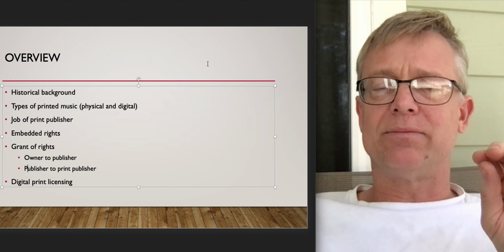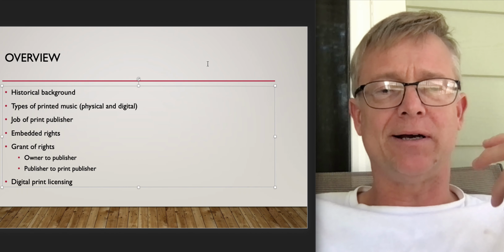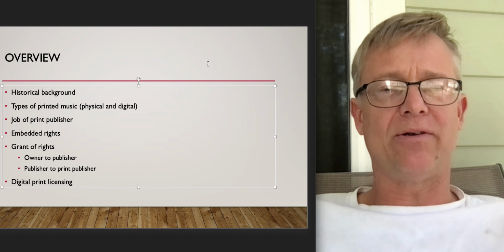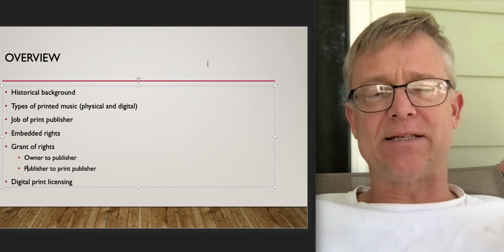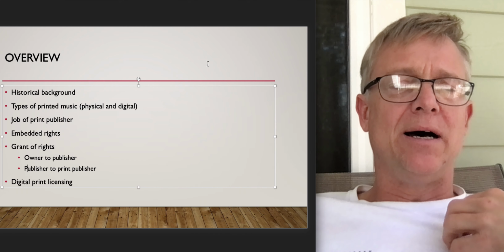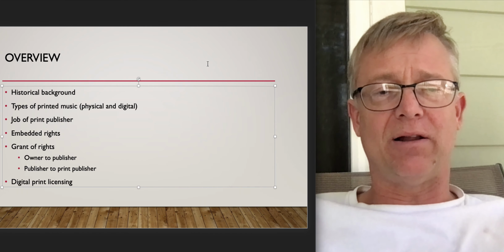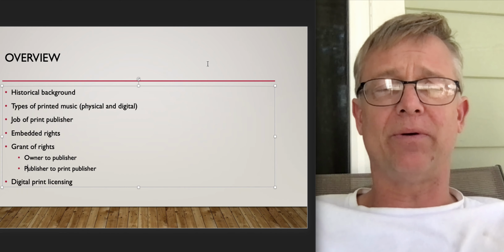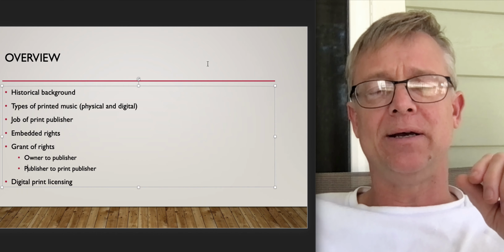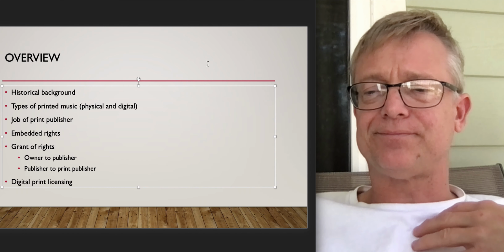And there are certain rights within that bundle that are sort of triggered in various scenarios. So print music is going to trigger specific rights, and that's important to know because it's the job of the license to spell all of that out. And so not just how it's going to be used, but which of the rights from the bundle are triggered, and those rights have to be granted.